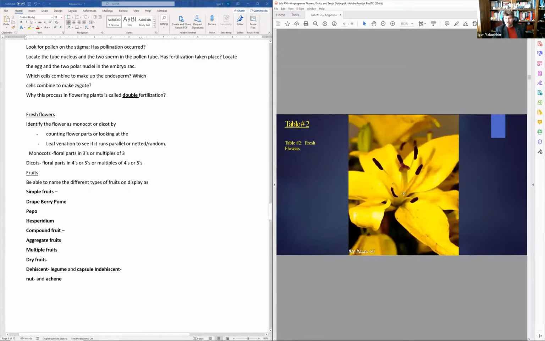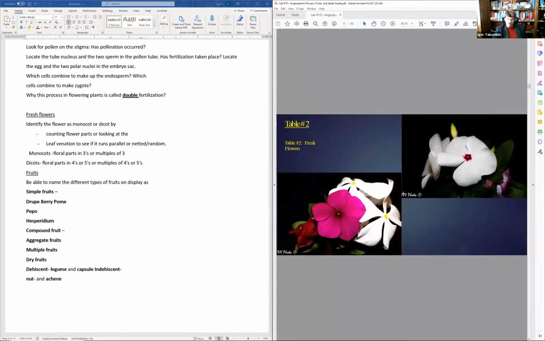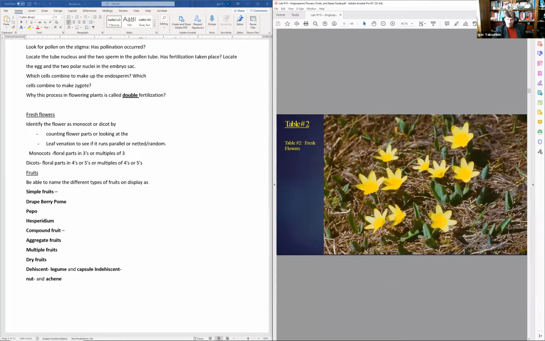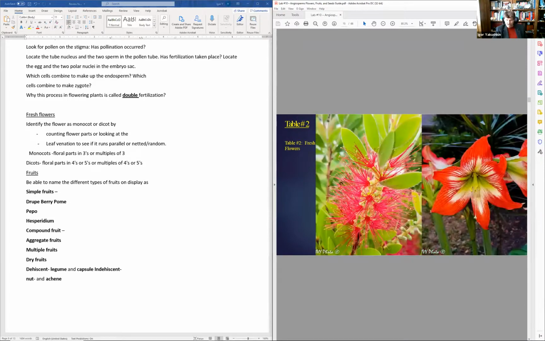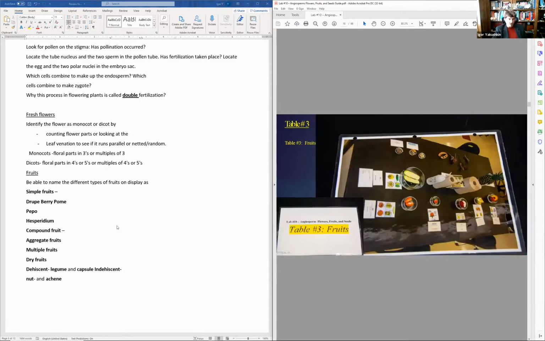Fresh flowers, be able to identify if it's a monocot or dicot. Monocot, dicot, dicot, dicot, dicot, monocot. That one is kind of hard to count the parts, but you can look at the pinnate venation. On the fruits, make sure that you understand if it's dry or fleshy, if it's dry, dehiscent or indehiscent, if it's fleshy or fruity, it goes into a simple fruit, aggregate fruit, or multiple fruit.